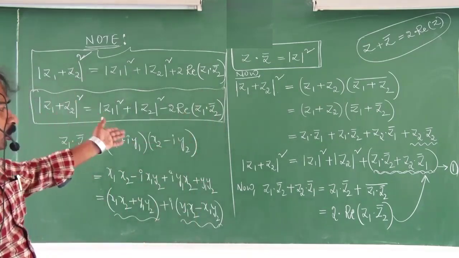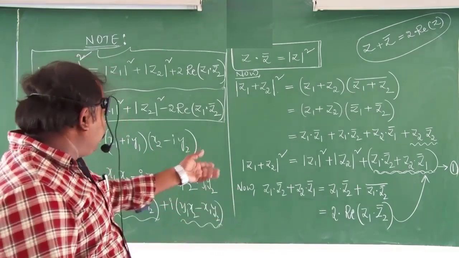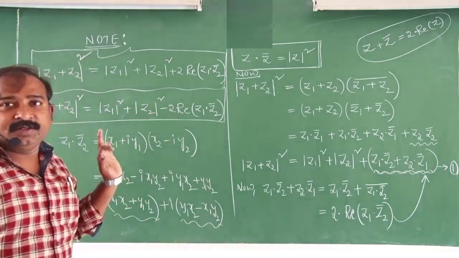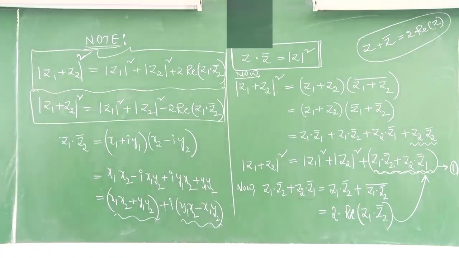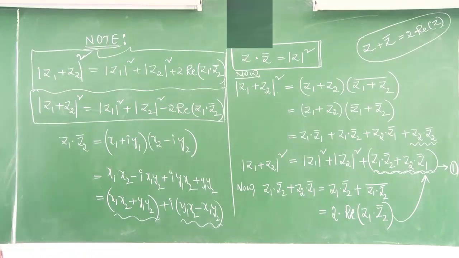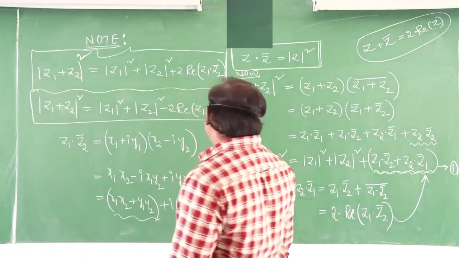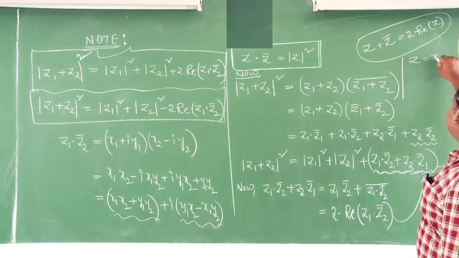Based on this, you just get a minus sign. If you simplify, you will get this value. That's it. Next, and here is one more point: z is equal to x plus iy.